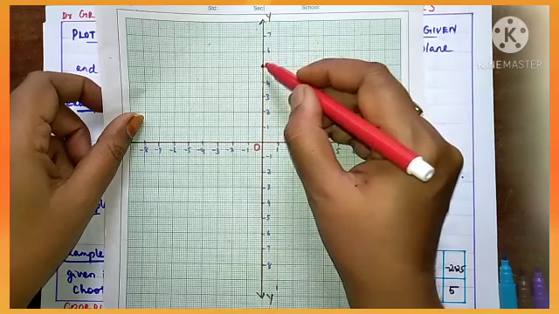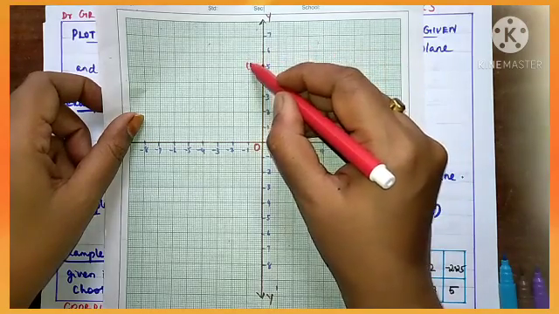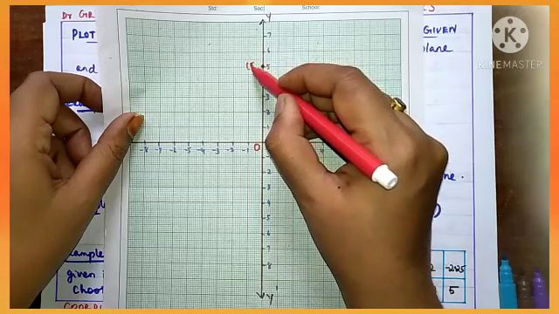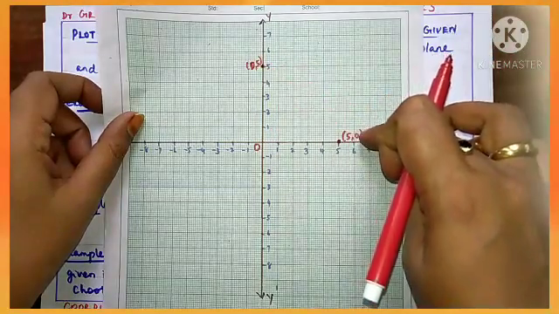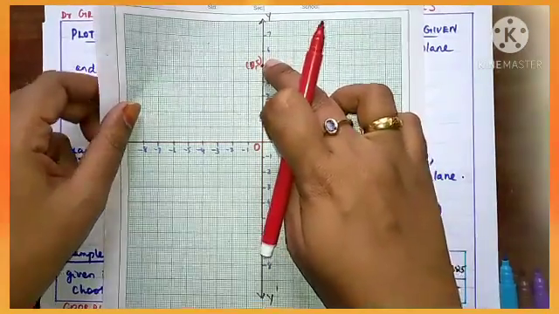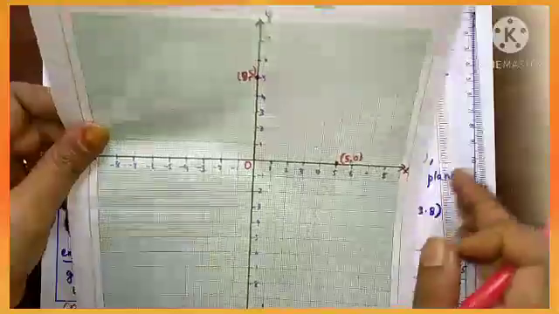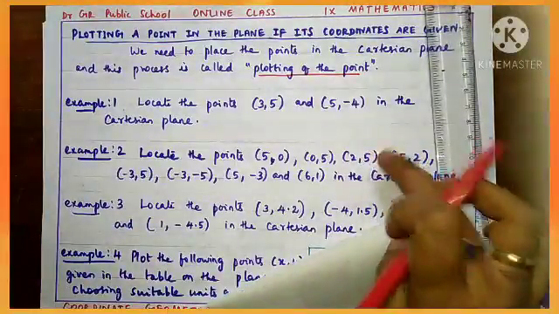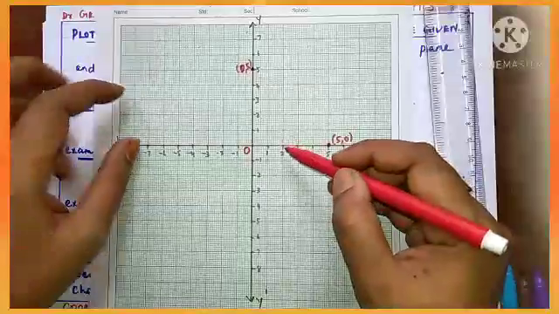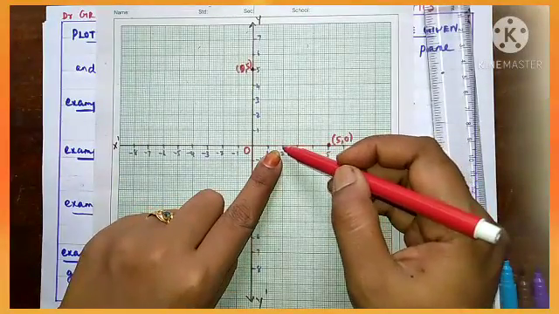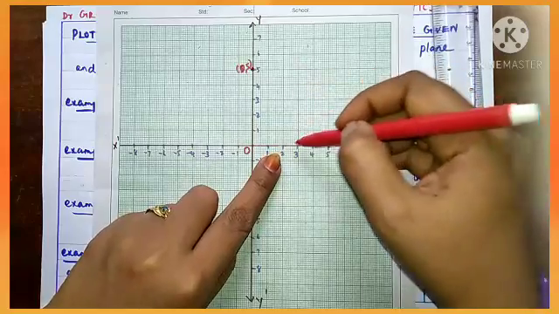The point lies on the y axis. So here we can write this is (0, 5). So (5, 0) is on the x axis, (0, 5) on the y axis. Now you see what is our third point? (2, 5). (2, 5) means the x value is 2 and the y value is 5. Both are positive.